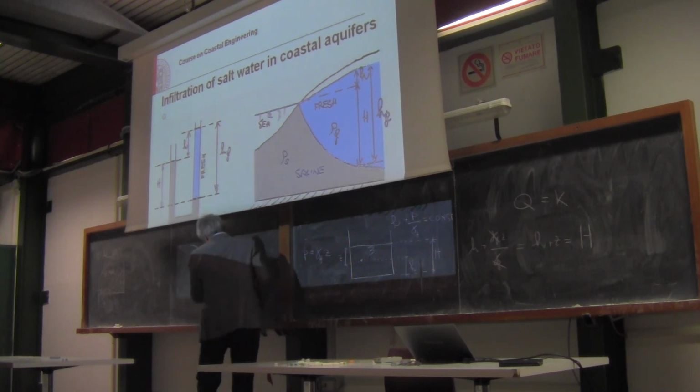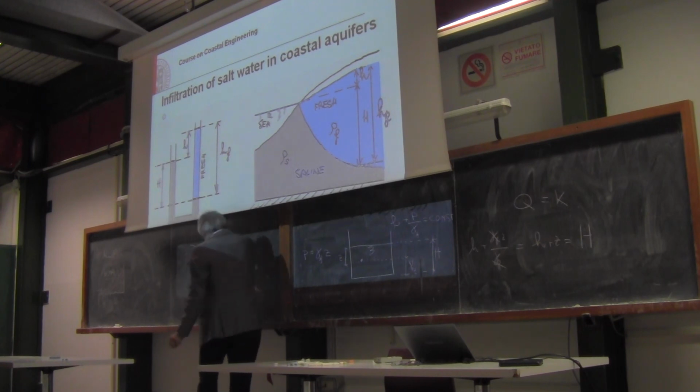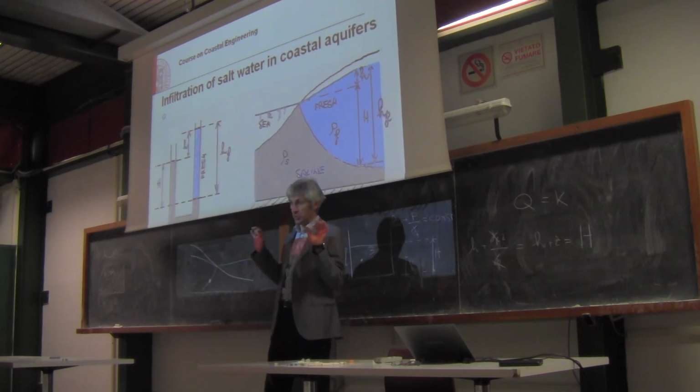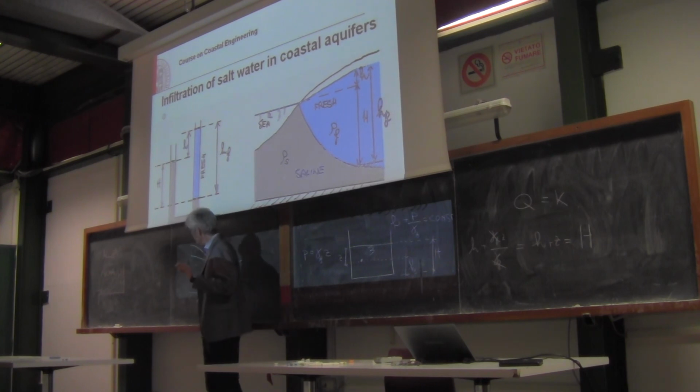And let's focus now on a particle of water that is located on this surface of separation in static conditions. It means that the pressure on this particle of water is the same on all the sides, but I have two ways of computing this pressure.